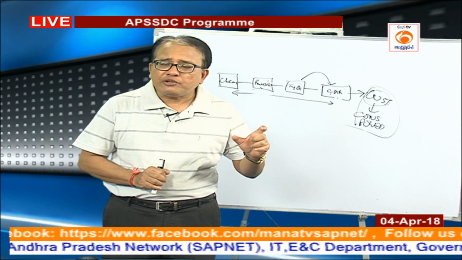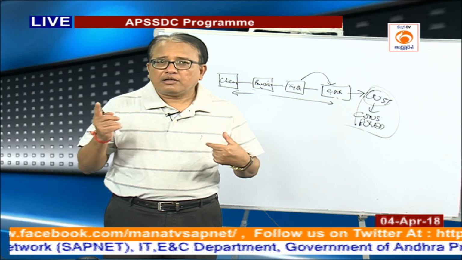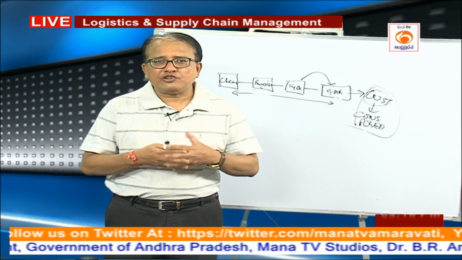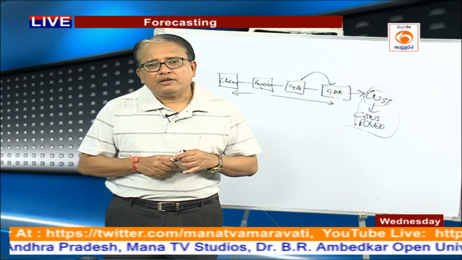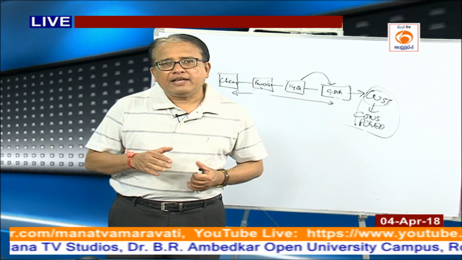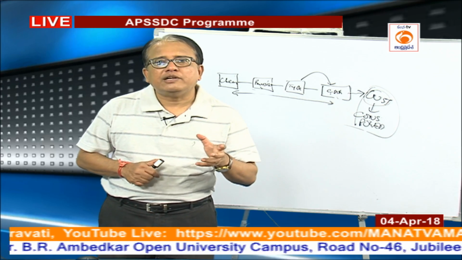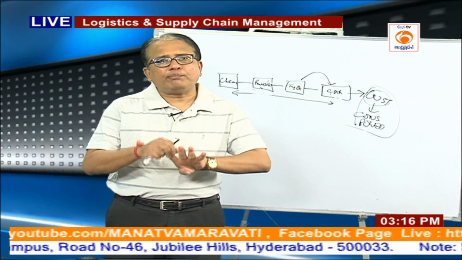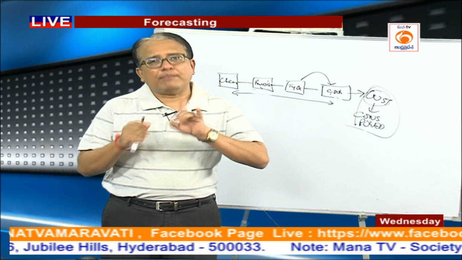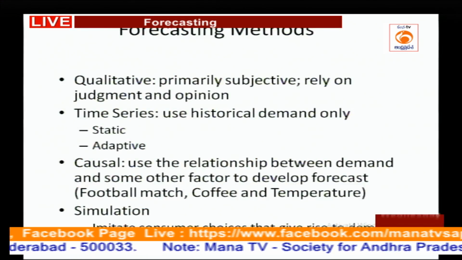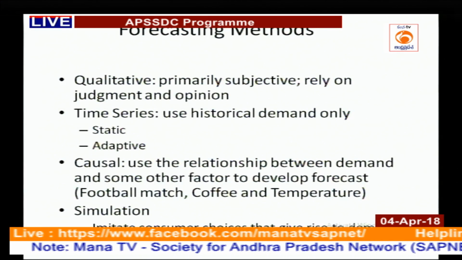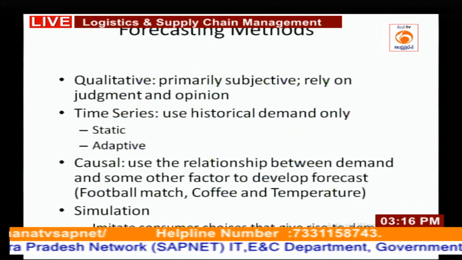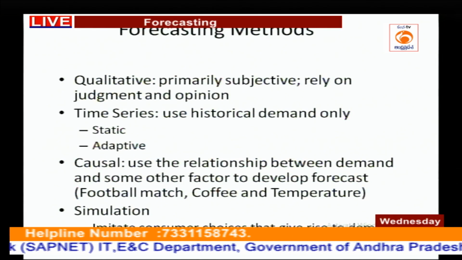There is no relationship between coffee and outside temperature, but in forecasting they have a relationship. And simulation, as I said, we are not going to discuss in detail, it is based on certain consumer behavior. So, basically four forecasting methods: qualitative, time series, causal and simulation. Now, we will see some approaches.